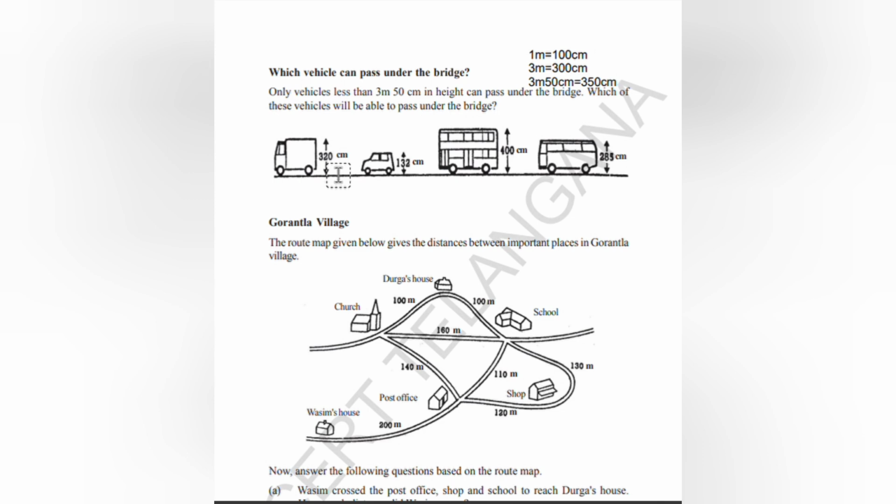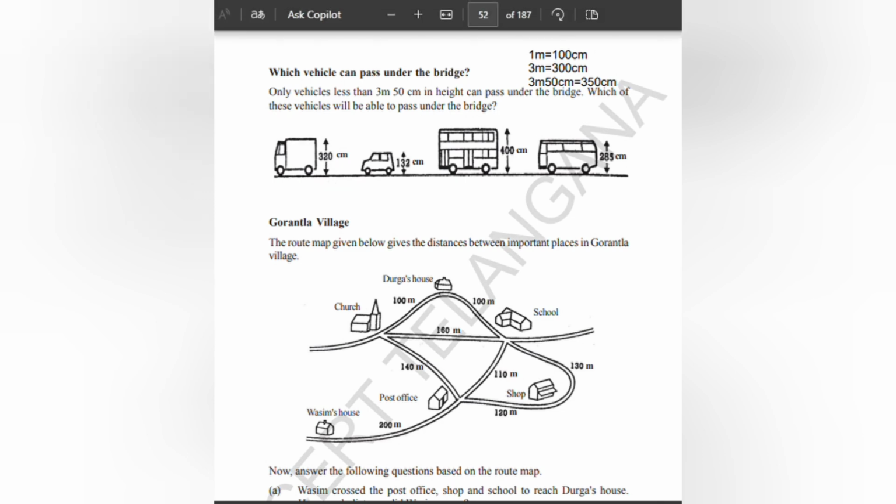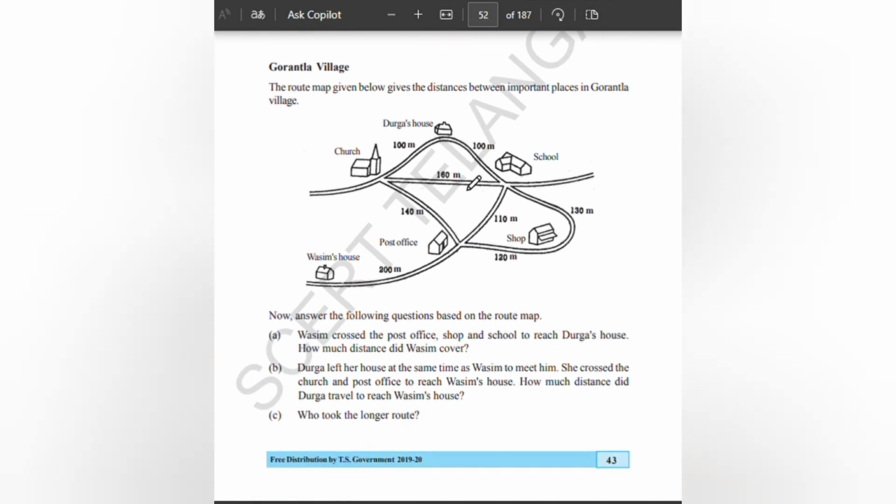Over the bridge they are not asking. Under the bridge, which vehicles we have to tick. Less than 350 means this vehicle can pass, this can pass, and this vehicle can pass. Only this double decker bus will not be able to pass through it.